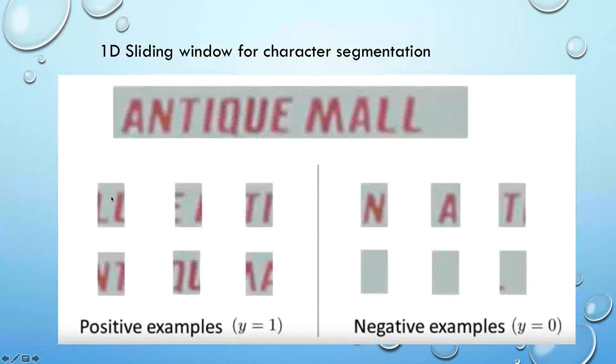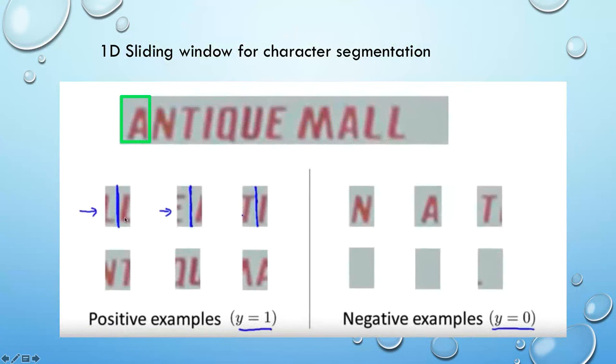In these positive examples, you will see whether there is a gap between the two characters. You'll see an L or an E, and there's a gap between these two letters. That is the thing we're looking for. There's a W and a T and there's a gap in there that we're looking for.